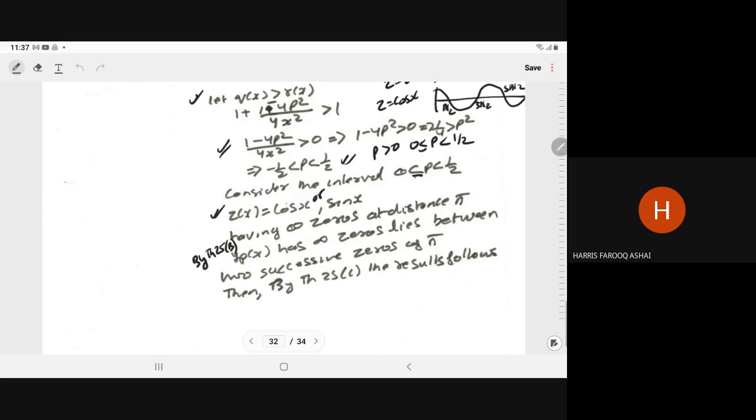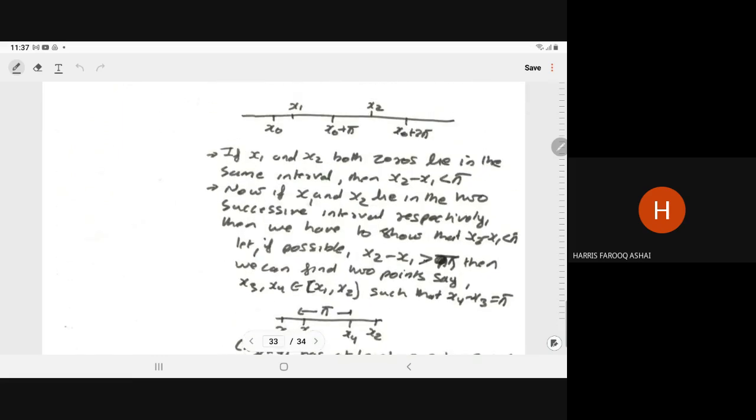Now we have this. Now we will prove it another way. Please try to observe carefully what I want to convey.